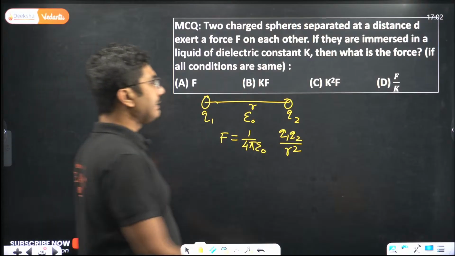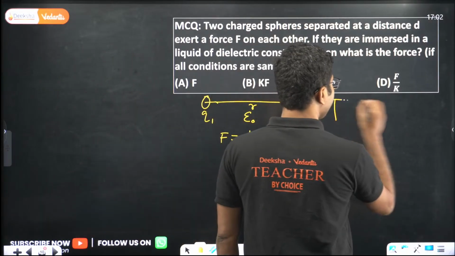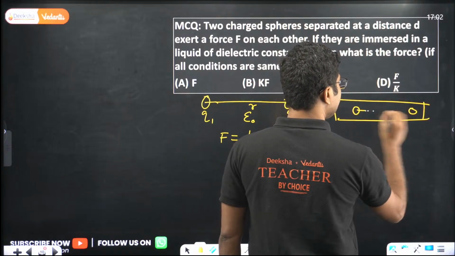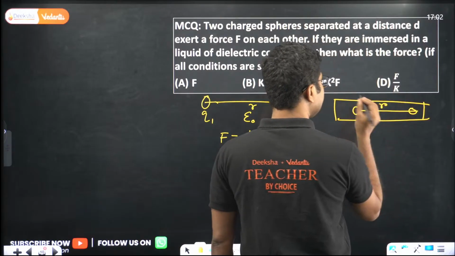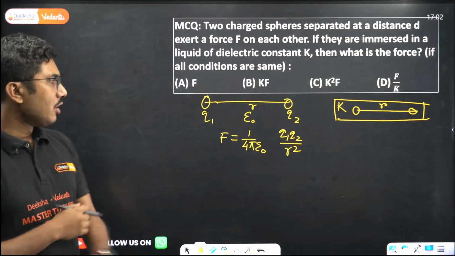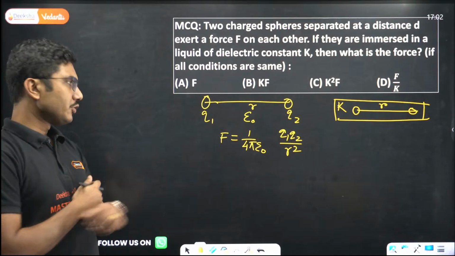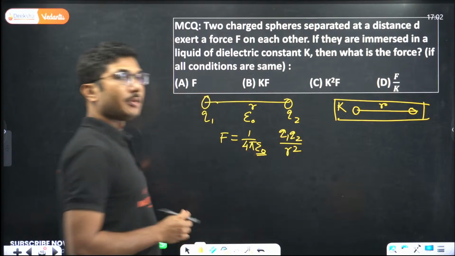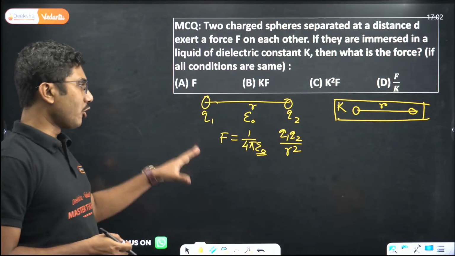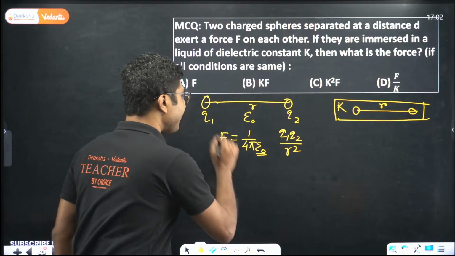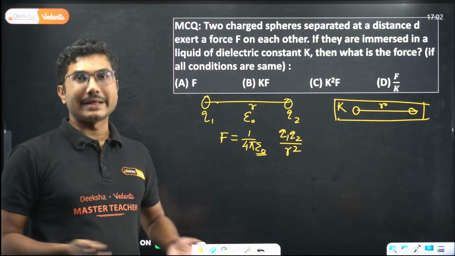Now if you take this entire arrangement and put it inside a dielectric medium of constant capital K, without changing their distance, what will happen? Will this force change? This force depends on the permittivity of the medium. Normally we write 1 by 4 pi epsilon naught because we assume that the space is free space or air.